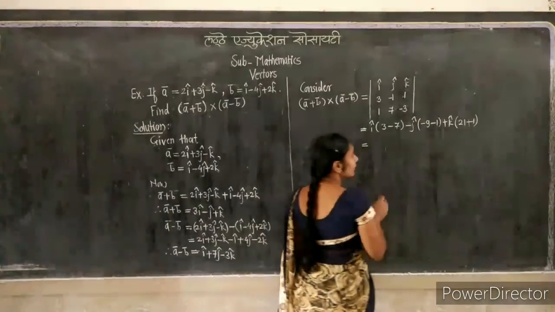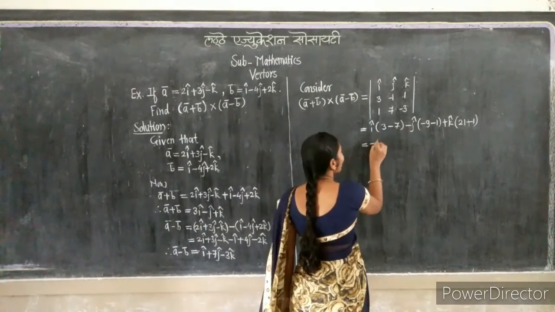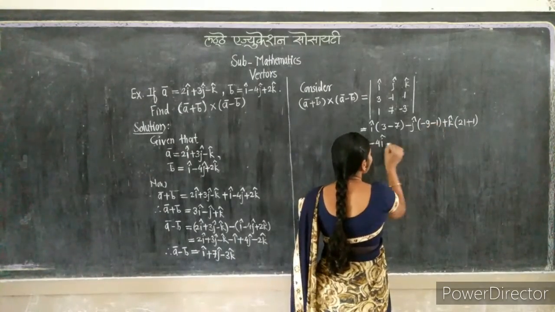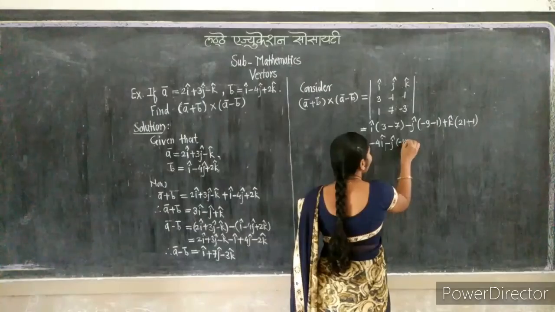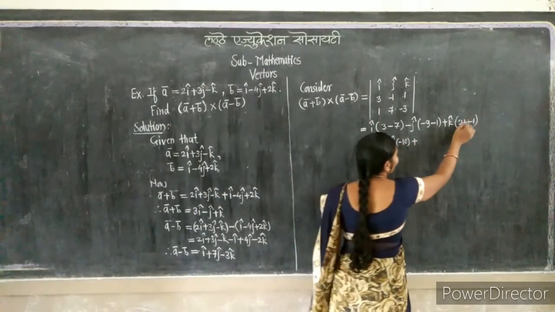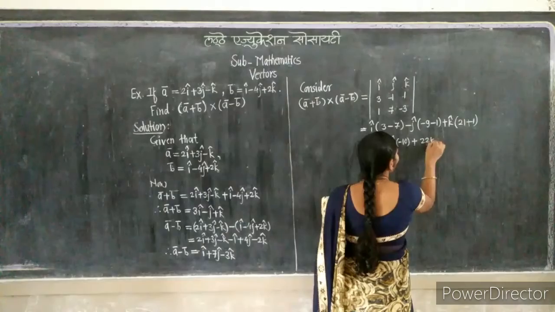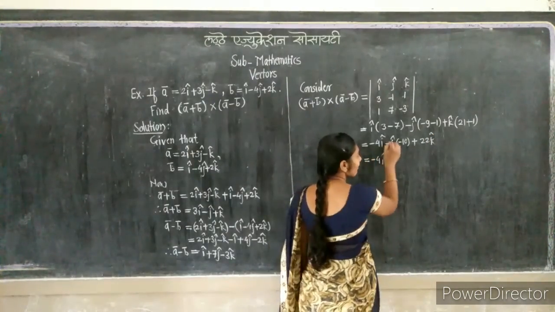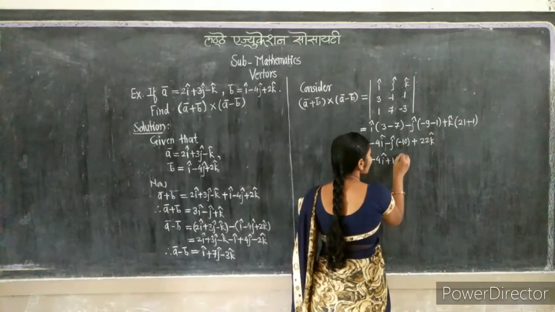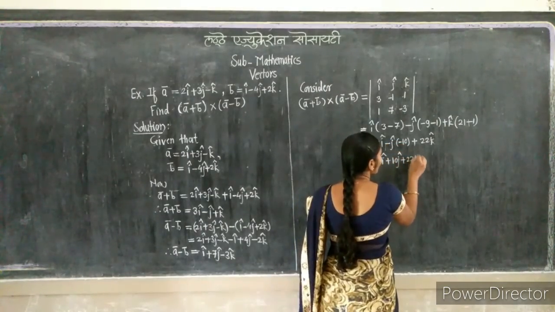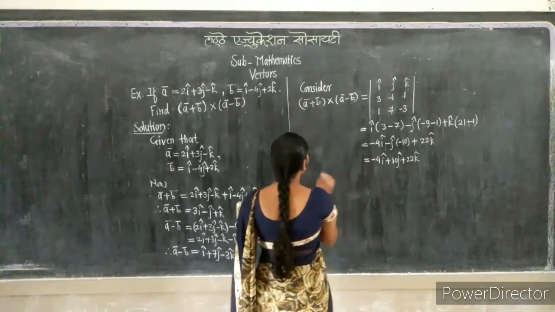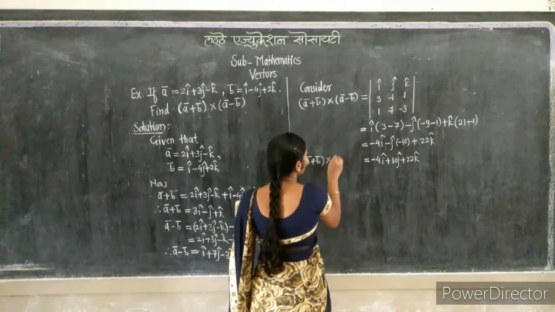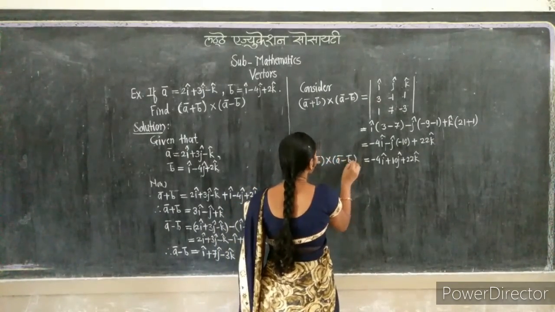Which is equal to 3 minus 7 is minus 4 i cap, minus 9 minus 1 is minus 10, plus 21 plus 1 is 22 k cap, which is equal to minus 4i cap plus 10j cap plus 22k cap. This is the required answer, a bar plus b bar cross product with a bar minus b bar.